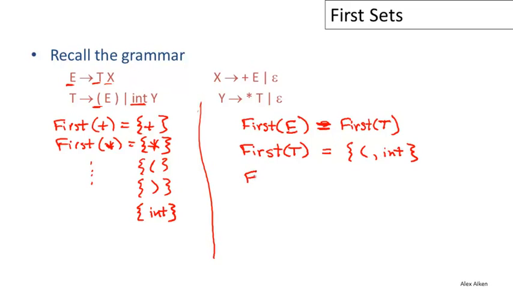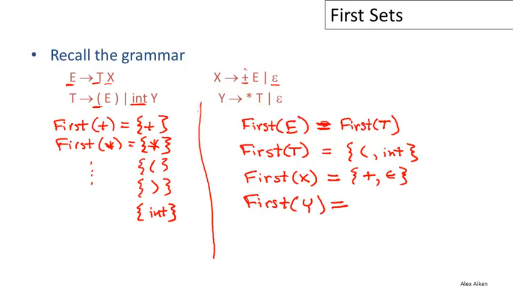All right, so now let's take a look at the first of X. Clearly plus is in the first of X because one production for X produces a plus immediately in the first position. So we can just add plus to the first of X. And then X has an epsilon production, so it can also go to epsilon, which means that epsilon is also in the first of X. And now what about the first of Y?